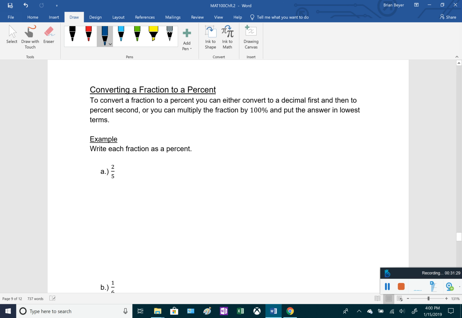Okay, for the next thing, now we're going to be converting a fraction to a percent. To convert a fraction to a percent, we kind of have two options. We can either convert to a decimal first and then to a percent second, or we can just multiply the fraction by 100% and put the answer in lowest terms.